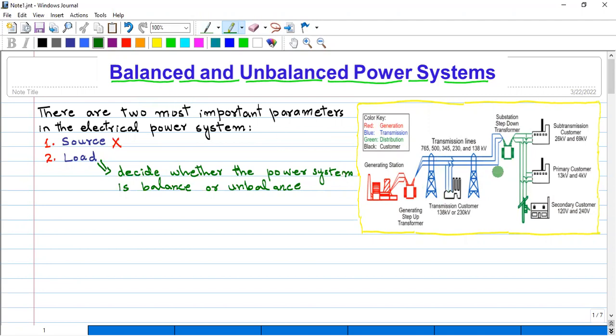There are different parts in the electrical power system. First one is power generation, second one is transmission, and the third one is the distribution power system. There are different types of loads in the system.